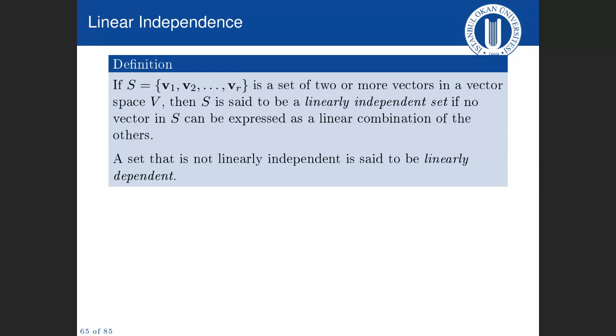Let's formalize these ideas. If S is a set of 2 or more vectors in a vector space V, then S is said to be a linearly independent set if no vector in S can be expressed as a linear combination of the others. And a set which is not linearly independent is said to be linearly dependent.